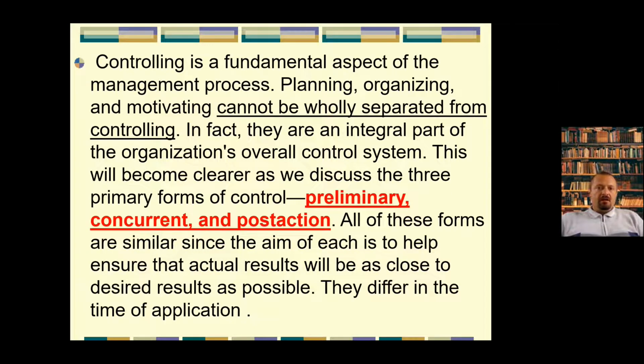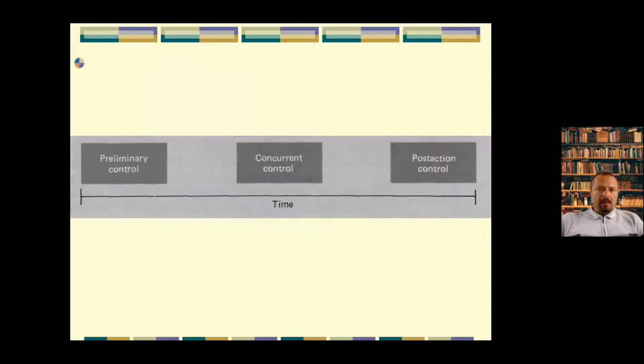It's because controlling has three forms: preliminary, concurrent, and post-action. When we are speaking about controlling, people usually think that we have to check the results only after the activity, but to correct small mistakes within the activity, we have to use the type of controlling which is called concurrent control.